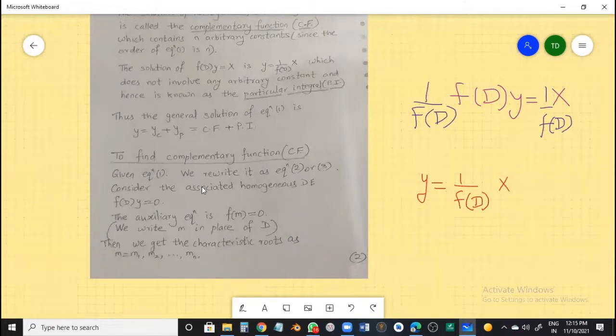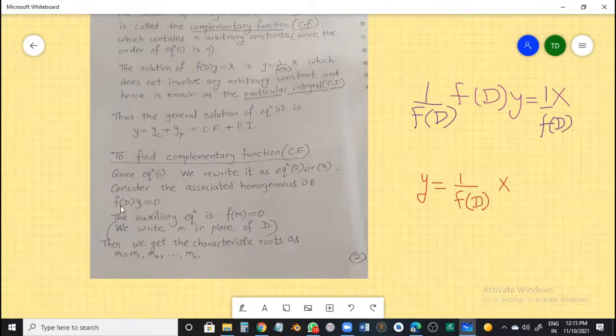So we are considering the associated homogeneous differential equation, f of D operated on y is equal to 0. You know very well, D is the differential operator, and this f of D is a polynomial in terms of the differential operator. It being an operator, you cannot interchange the places.